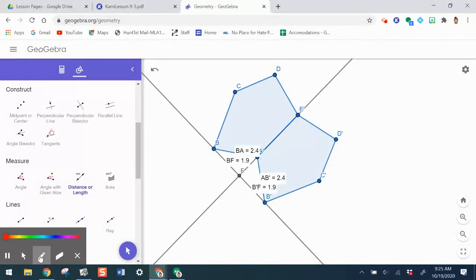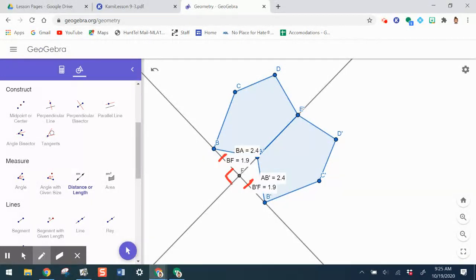We could say that these two segments, B to F and B prime to F, are congruent. Not only that, but the line that connects these corresponding points, B and B prime, is also perpendicular to the line of reflection.